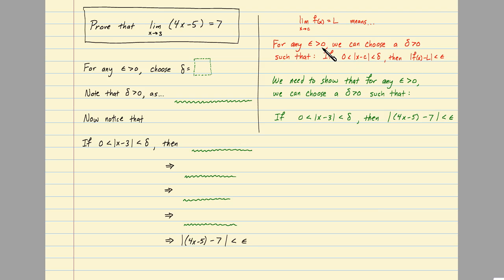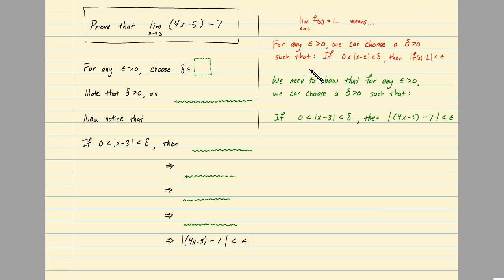For any epsilon greater than 0, we can find a delta greater than 0 such that if the distance between x and c, of course that's just the absolute value of their difference, falls between 0 and delta, then the distance between f of x and L, again, the absolute value of their difference, must be less than epsilon.